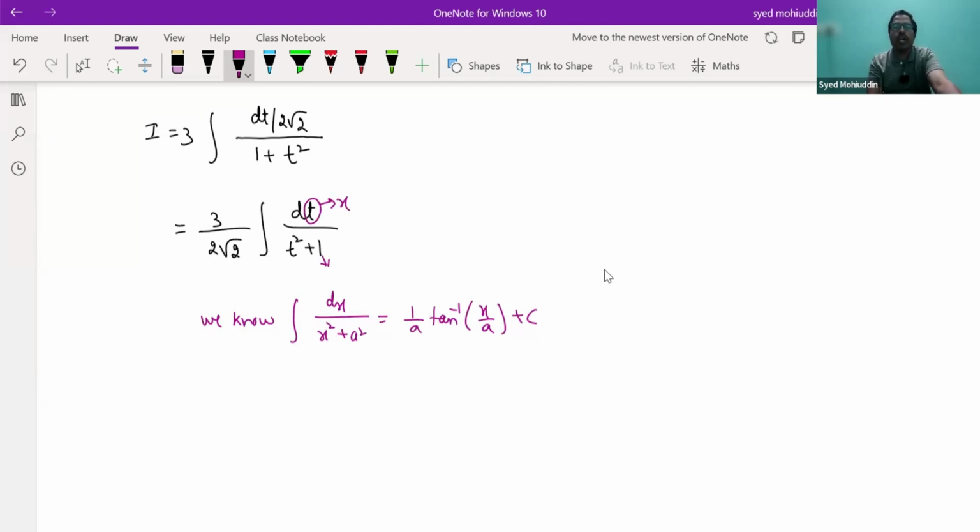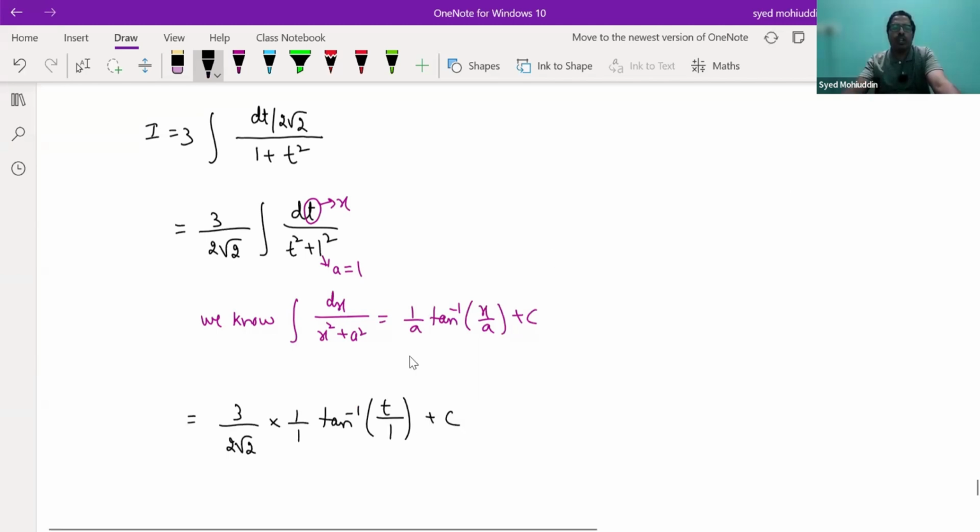And what about the a value? A value will be 1, because either you write 1 or you write 1 square, both mean the same. So if you rewrite this, it is 3 divided by 2 root 2. The formula is 1 by a; 1 by a value is 1. Tan inverse of t by a, a value is 1, plus the constant of integration c.